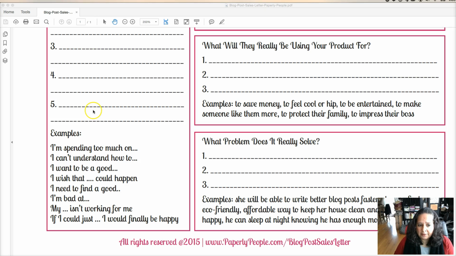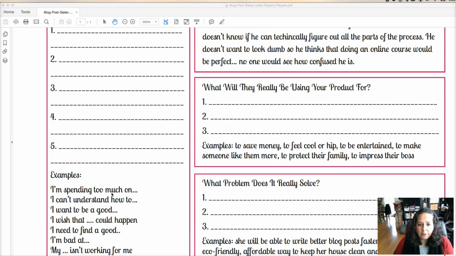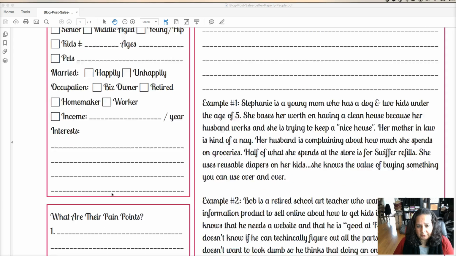These are all the things that they want to know how to be good at. Depending on what you're selling, if you're selling insurance, he may be thinking, I need to find a good rep, or I need to find somebody who's really knowledgeable about how to write a will. Those are the things that they're thinking of.